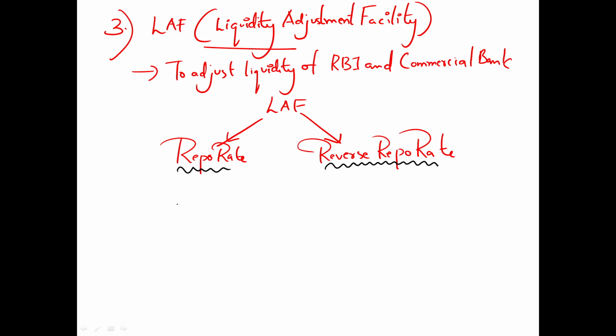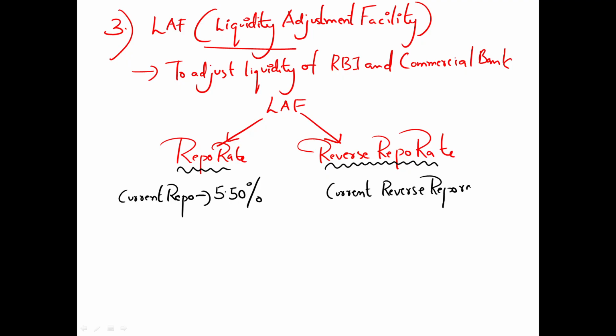So we can learn both in detail. The current repo rate, as of October, is 5.50%, and the current reverse repo rate is 3.35%. So we can learn this in detail now.